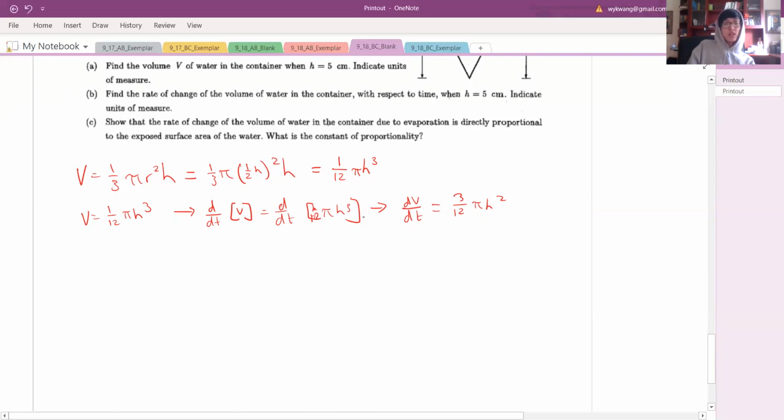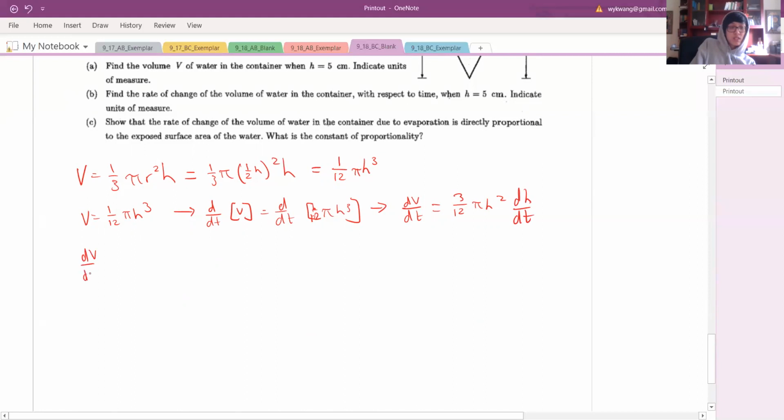When we're differentiating 1/12 pi h cubed, we did the power rule, but remember we're still differentiating with respect to t. We can't just do the power rule. We have to do the whole implicit differentiation step, which is multiplying by dh over dt. Okay, so that's the right answer.